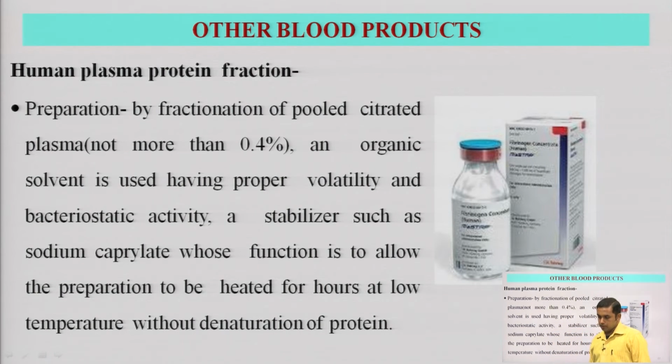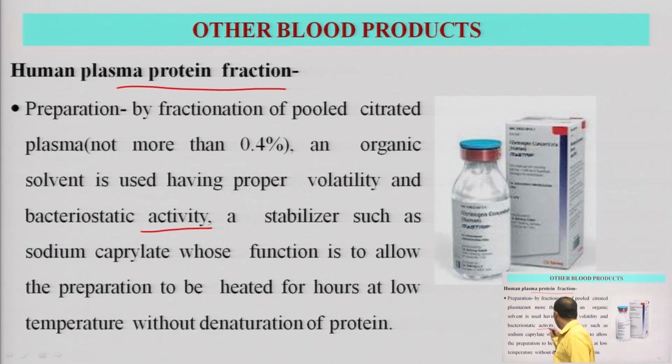You can see in this container our dried human plasma they have saved. This is a human plasma protein fraction. So, how can you produce the human plasma protein fraction? For the preparation, the fraction of pooled citrate plasma is not more than 0.4%, and an organic solvent is used having proper volatility or bacteriostatic activity.